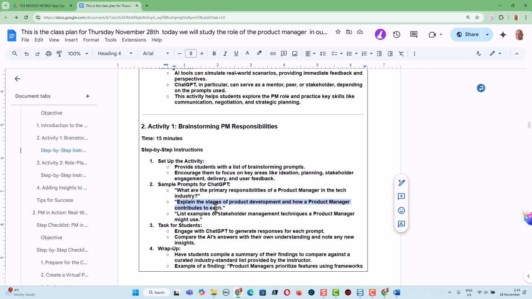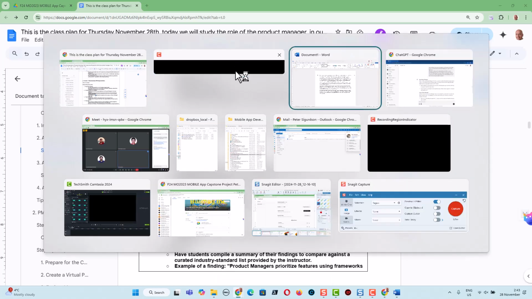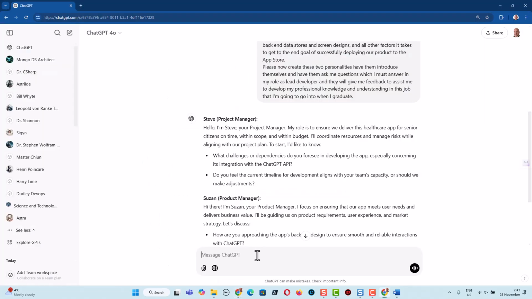Among other sources of research, you could, if you want, discuss with your product manager and your project manager what's going on in terms of our product, what will be the stages of product development.